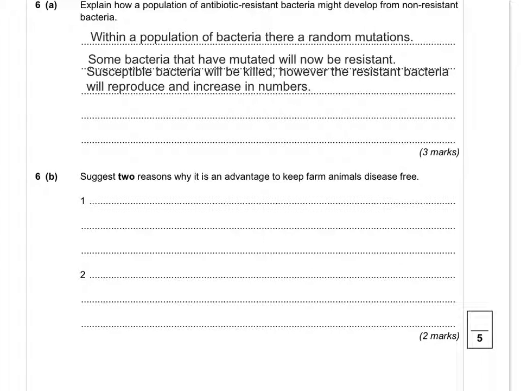Okay, so what you need to do for this one, there are 2 main things that are on the mark scheme. You could say that they don't have to use up energy in overcoming illness. That was one thing that you could have said.